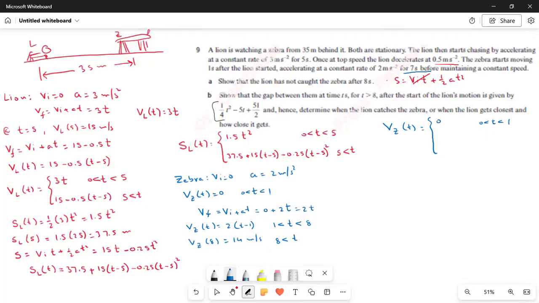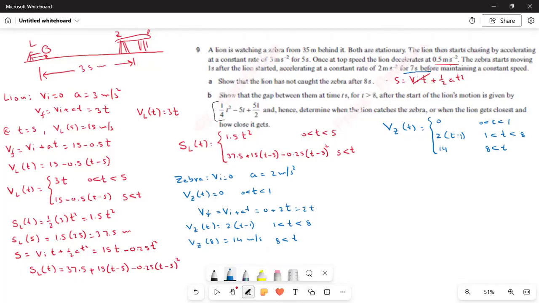And then it was 2 times (t minus 1) when t is from 1 to 8 seconds, right? And after 8 seconds, it becomes 14 if t is more than 8. Okay, I hope this is also clear.